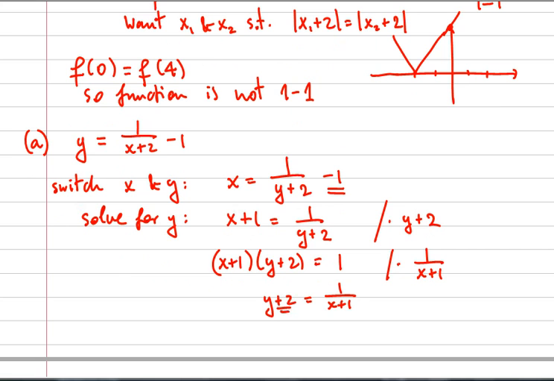And last, we bring this constant 2 to the other side. So we get y equals 1 over x plus 1, minus 2. This is the expression for the inverse function, and that's the final answer.